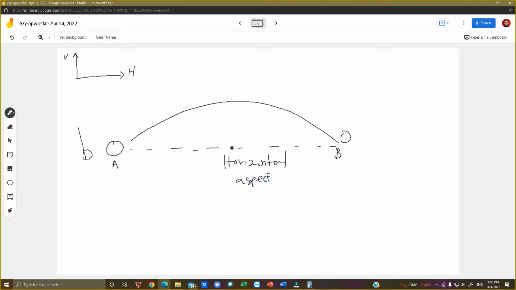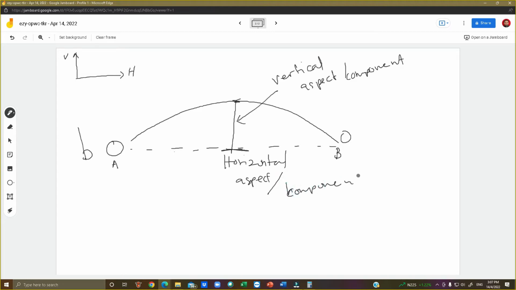And then from the base of the motion towards the highest peak, this is known as the vertical aspect ataupun component. So free body only subjected to vertical and horizontal component. Mesti ada dua-dua ni. Cuma kadang-kadang kita tak sedar.